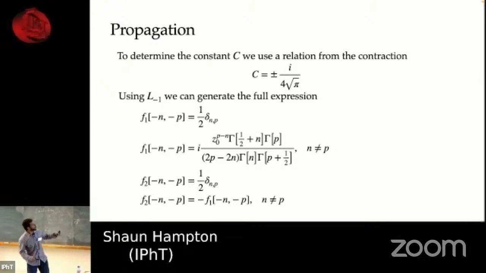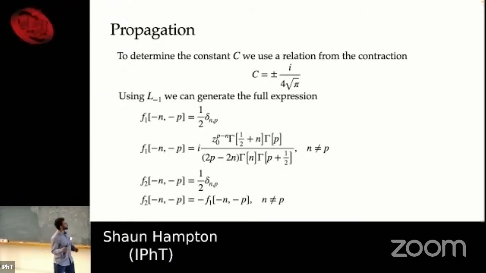So we were able to actually compute this c, we had to look at a contraction term, which is what I'll talk about next. But here, you get two scenarios. These f functions can be defined starting with an initial mode on copy 1 or an initial mode on copy 2.